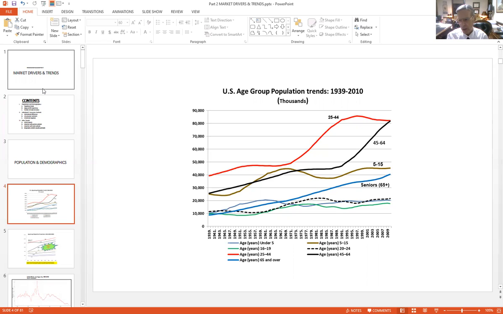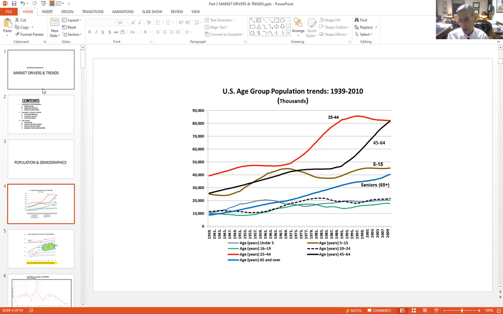But you can see there, as the end of the century occurred and the new millennium began, that the 45 to 64-year-old group was growing faster and reaching the same size as the 25 to 44-year-old group. Now, I hope that does not surprise too many of you, because if you take that 25 to 44-year-old group and simply increase its age by 20 years, that's the 45 to 64-year-old group.